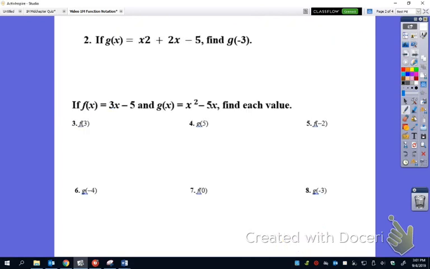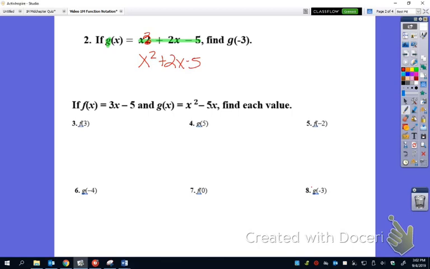Let's try number 2. Number 2, it doesn't say f of x, it says g. So g is x squared plus 2x minus 5. Sorry, that changed it when I went to little x squared. So x to the second plus 2x minus 5.